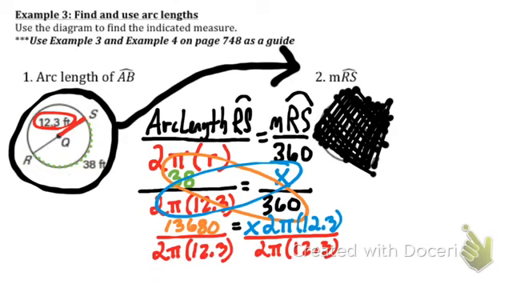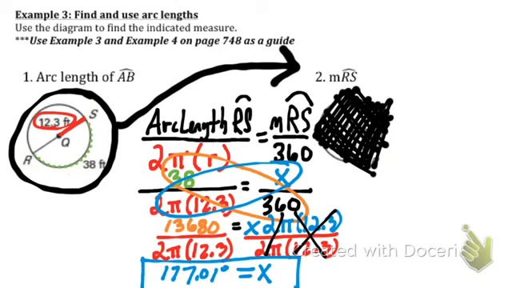Just to clarify, you could simplify 2 times pi times 12.3, but I just didn't in this case. When I divided both sides by 2 pi times 12.3, my 2 pi's cancel out, my 12.3's cancel out, so I'm just left with x on the right side. And that's equal to 177.01 degrees.